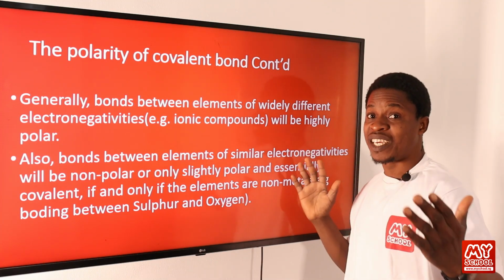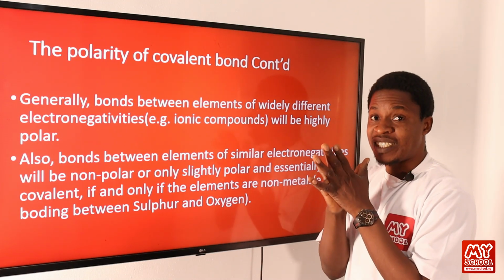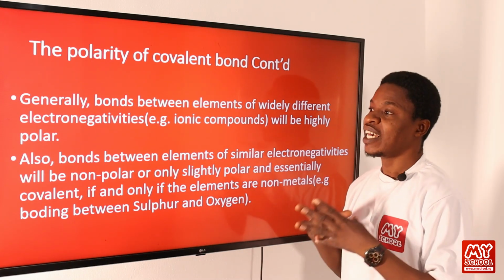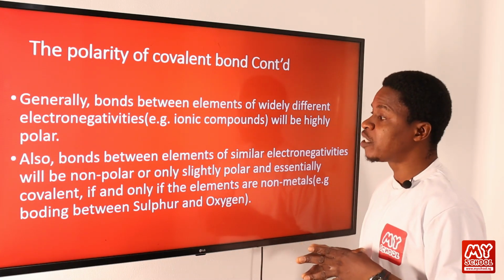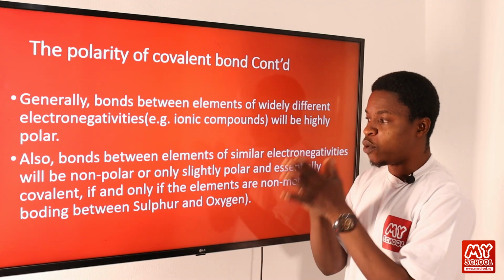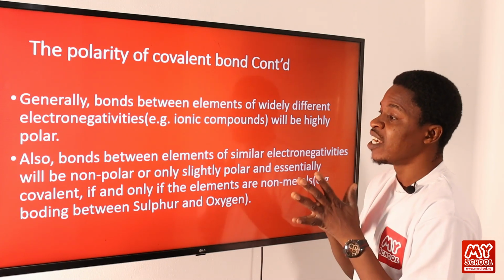So the electronegativity values are widely apart, and we can say that sodium chloride solution is a polar one. Also, bonds between elements of similar electronegativities will be non-polar or only slightly polar and essentially covalent.